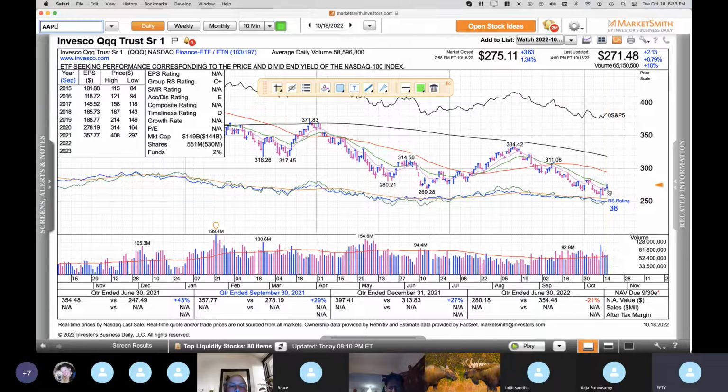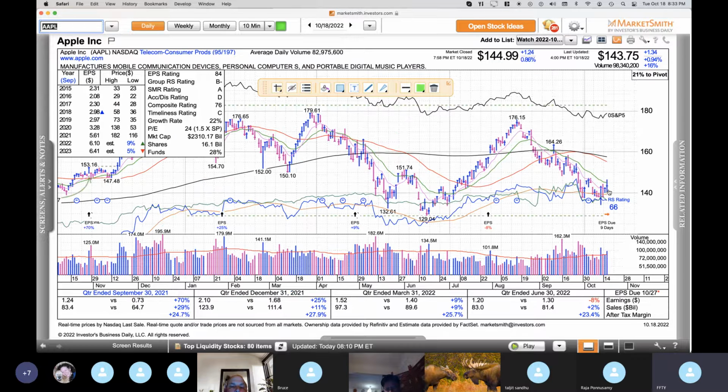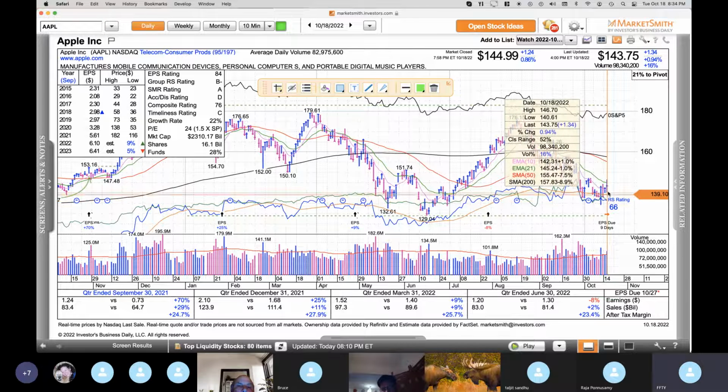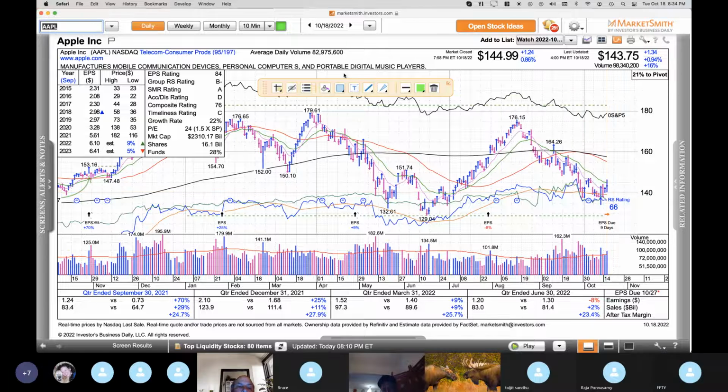Big Apple has some news that they're reducing production of the new iPhone 14. Demand seems to be not as high as they thought, and obviously this plays something into the index.